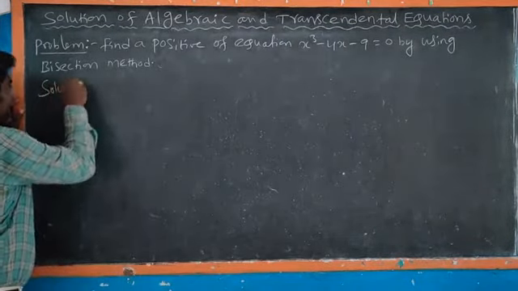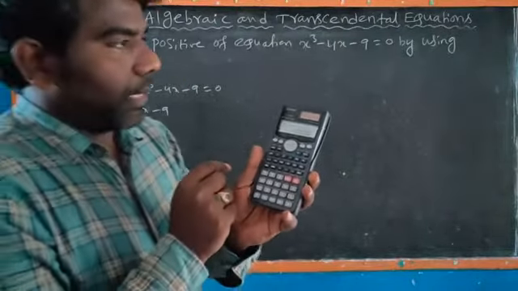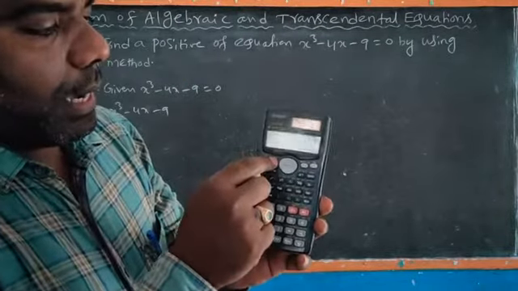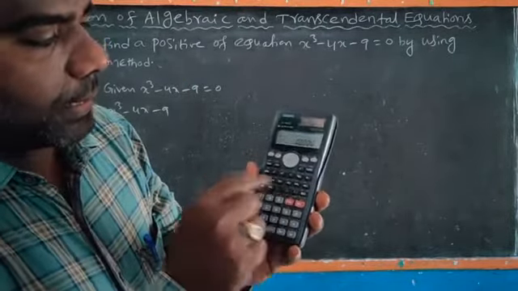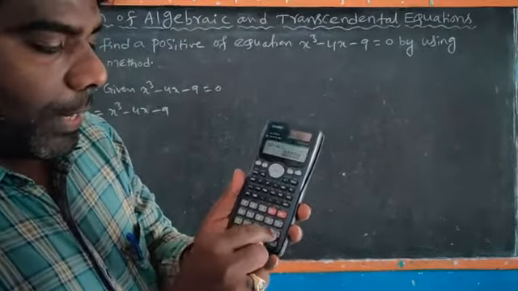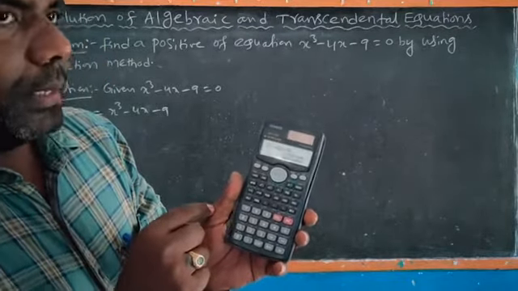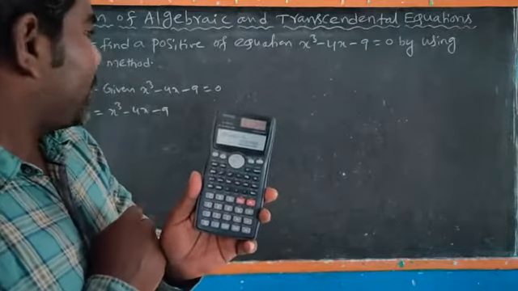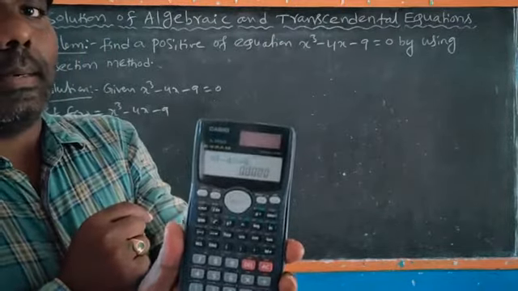Now type the equation: x cube, alpha x, shift square. Then we get x cube minus 4 alpha x minus 9. Then we get the equation x cube minus 4x minus 9.